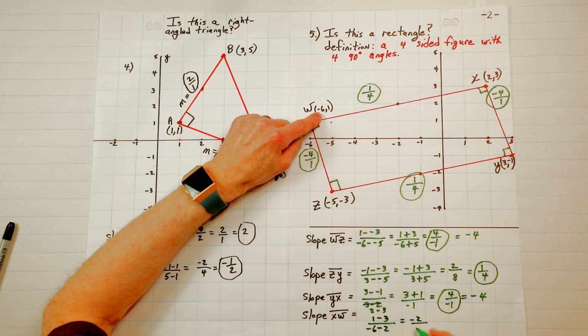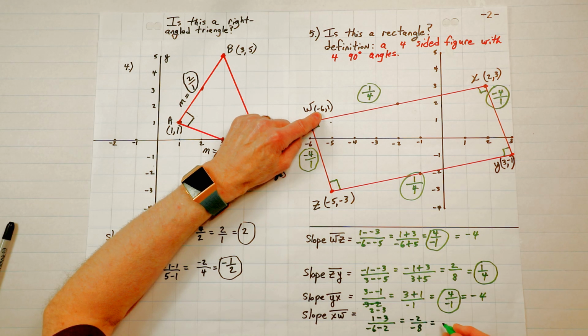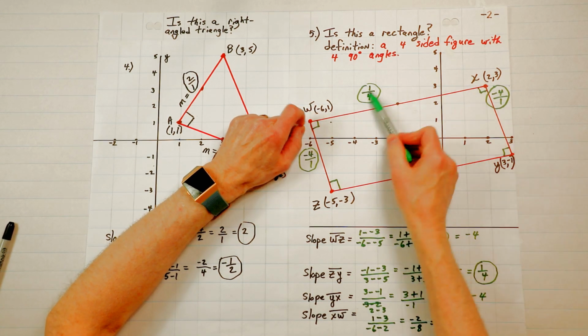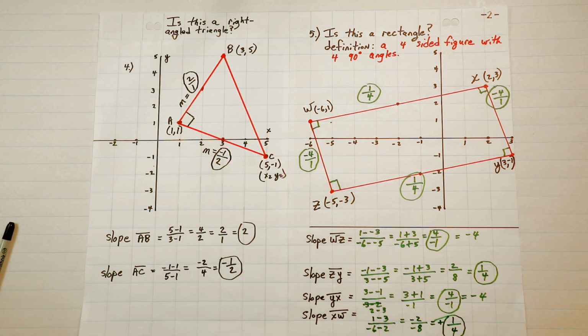Negative 6 subtract 2 is negative 8. Now when you have a negative divided by a negative, it's going to give you a positive. And then we will reduce this. 2 over 8 is 1 over 4. And that's what we're supposed to have because that's what we got up here when we counted spaces. It is so easy to make mistakes when you have negatives involved in slopes, so be really careful.